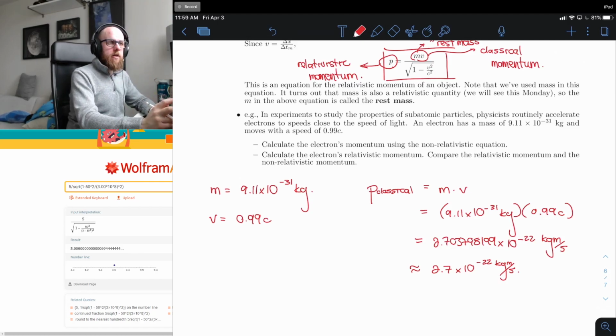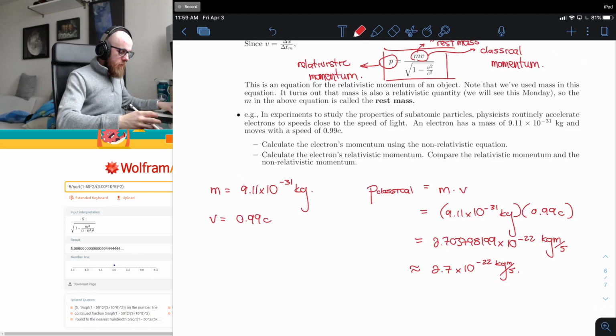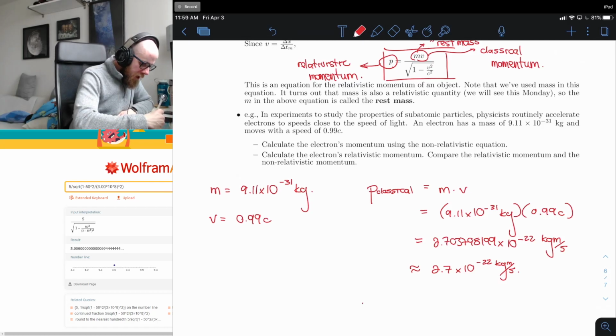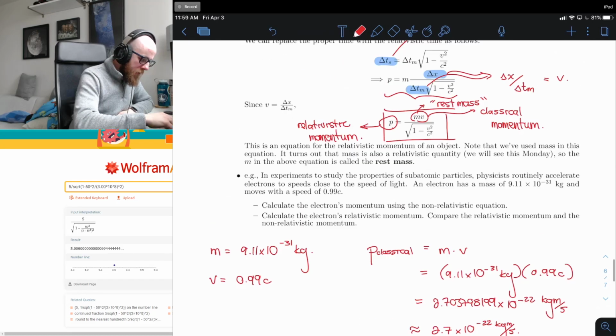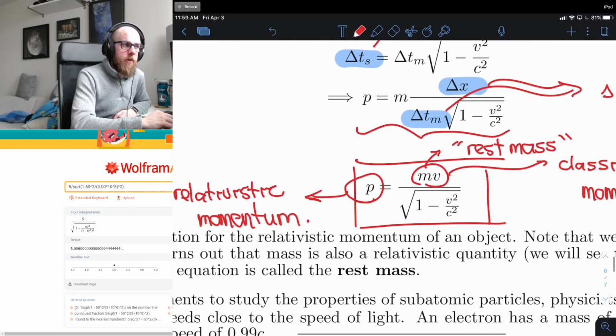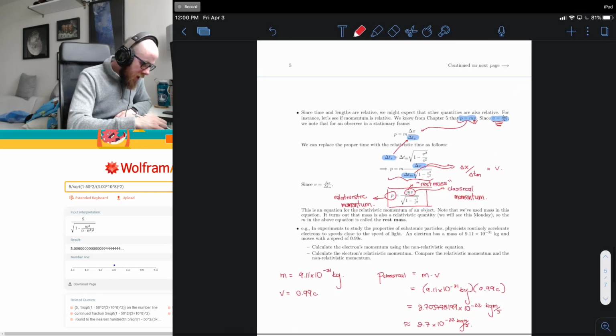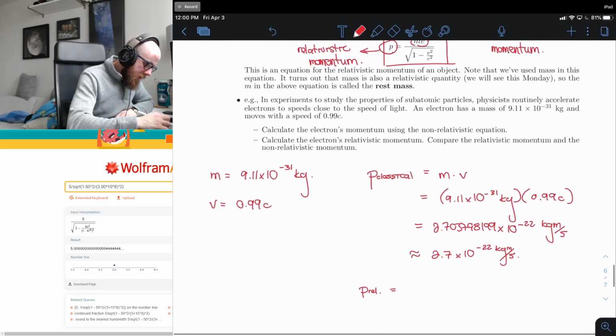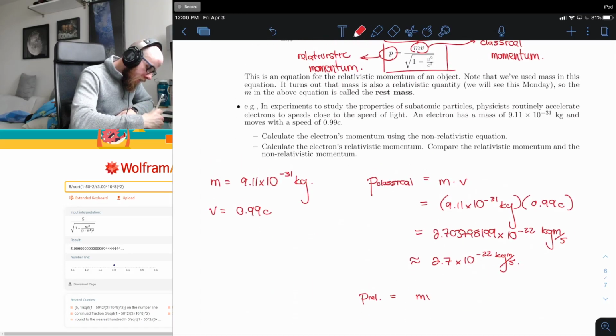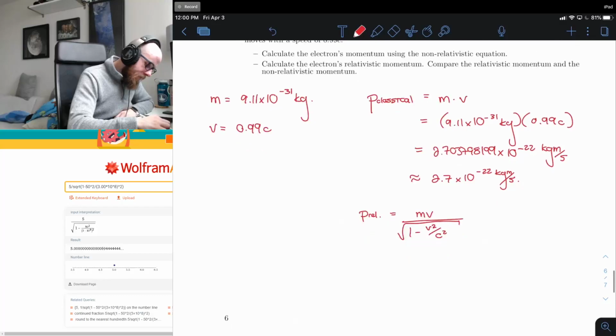That's good. Now let's find the relativistic momentum, right? So P relativistic is going to be equal to this big formula that we have up here for the relativistic momentum. So we have mv over the square root of 1 minus v squared over c squared. Okay.